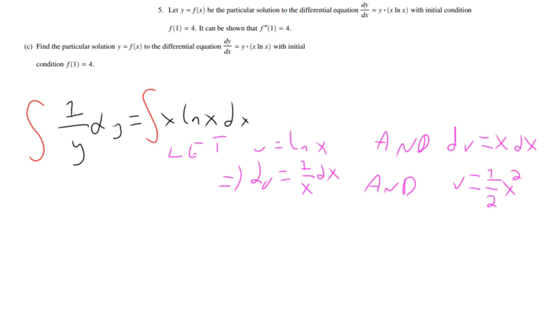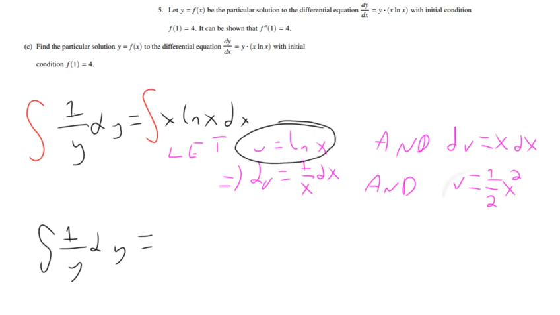I don't know exactly how they would be scoring the integration by parts on the free response question, but I'm hoping that the way I'm doing it right now would be okay. So we can therefore conclude that the integral of 1 over y dy equals, for our integration by parts, when we have the integral of u dv, we know that it's going to be equal to uv.